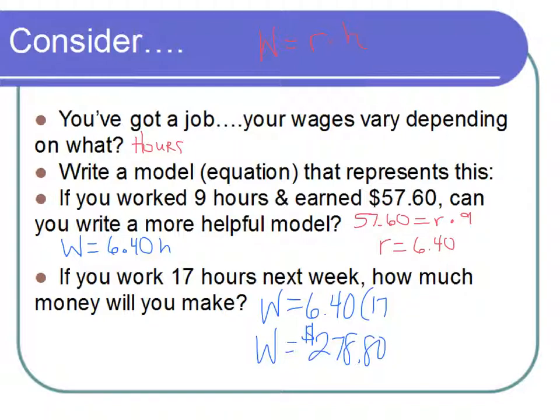I typed that in. Okay, that's dreaming right there. Sorry. Let me change that. I put in 1640. That would be a much better job. 6.40 times 17. All right, $108.80.